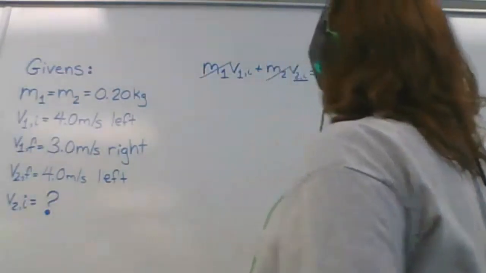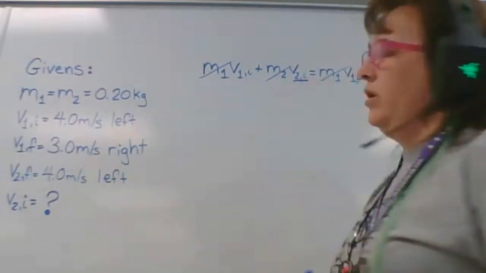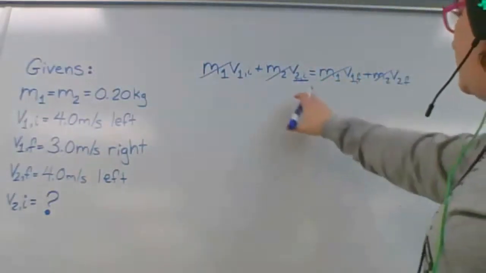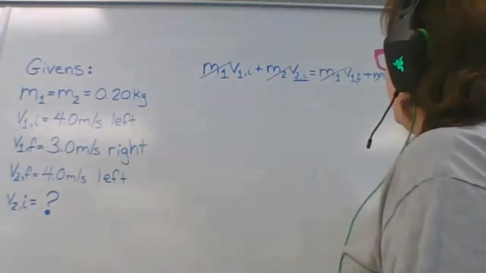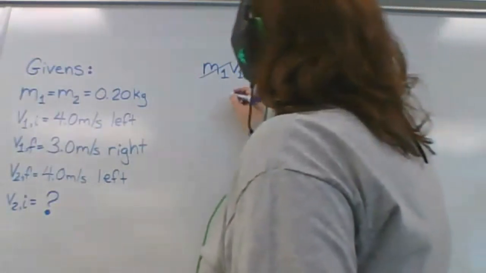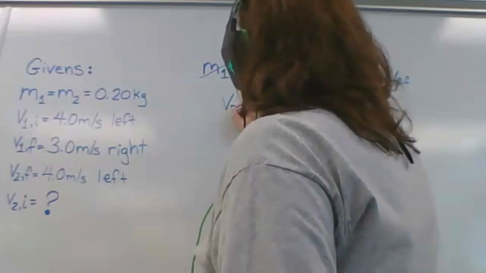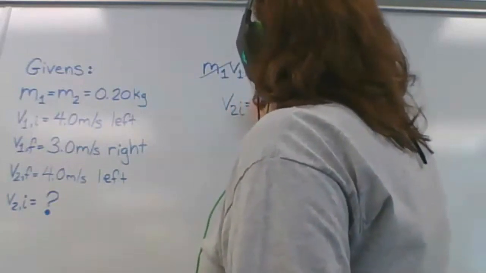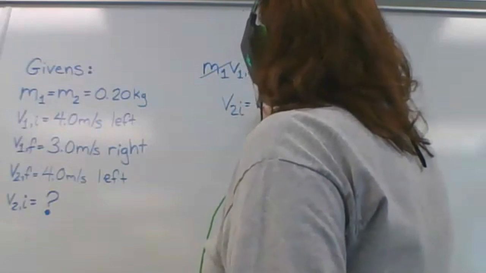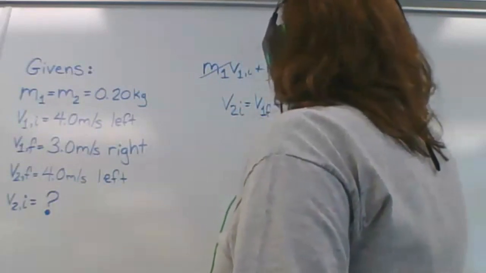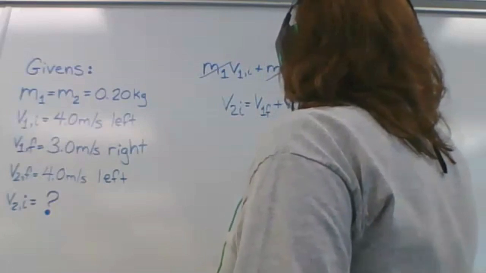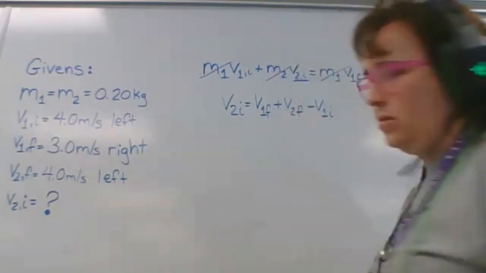Now, I'm looking for the V2 initial, so I want to get V2 initial by itself, so I'm going to subtract the V1 initial to the other side. So V2 initial is equal to V1 final plus V2 final minus V1 initial.